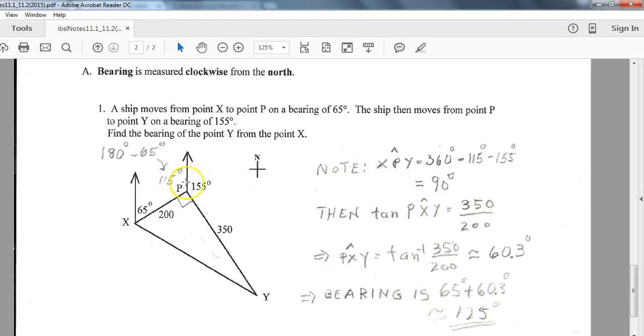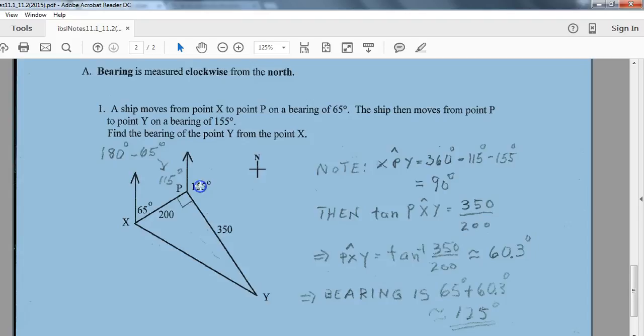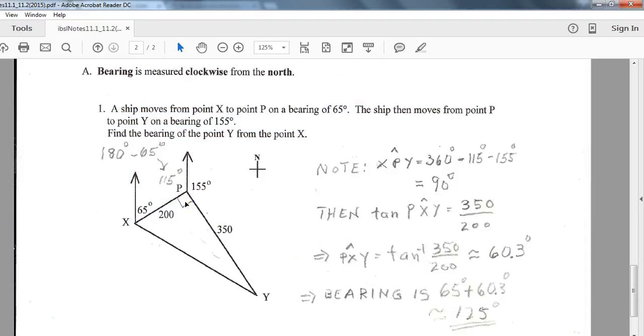And so now if we consider this being a circle right here, we know all this would need to add to 360. And so if that's 115 and that's 155, subtract those from 360 and you'd figure out that this is 90 just based on that. And so now that I know this is 90 degrees, that's pretty key because now I have a right triangle. I can use basic right triangle trig to figure out whatever it is I need to know from here.